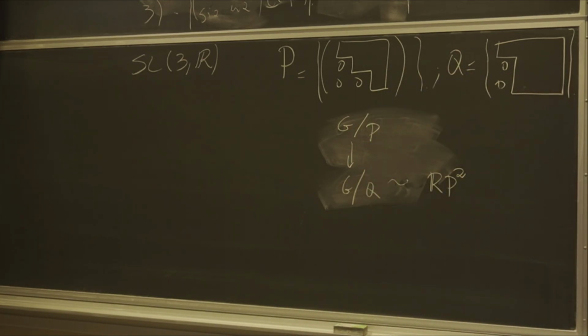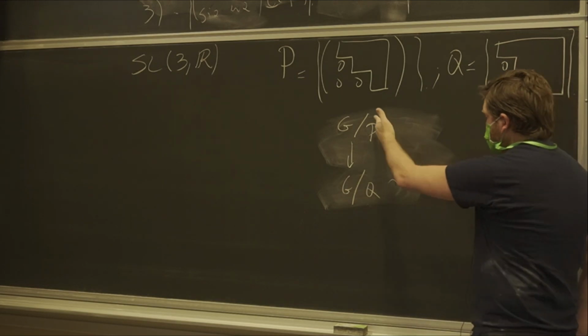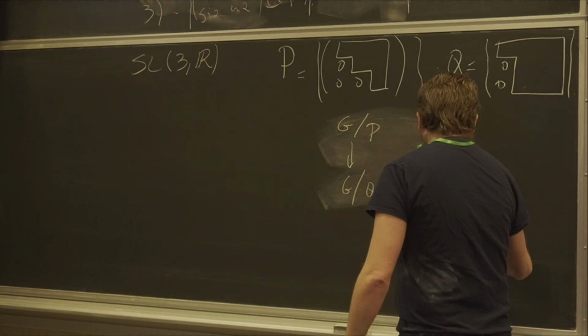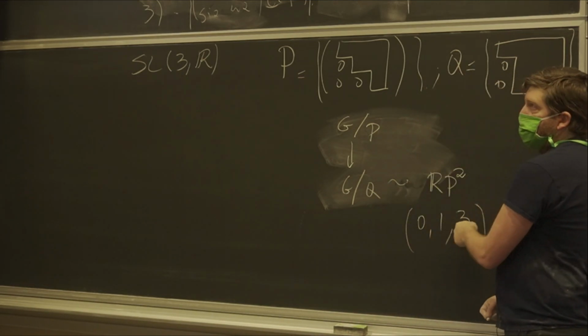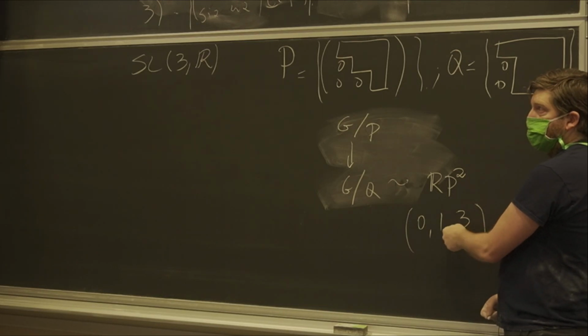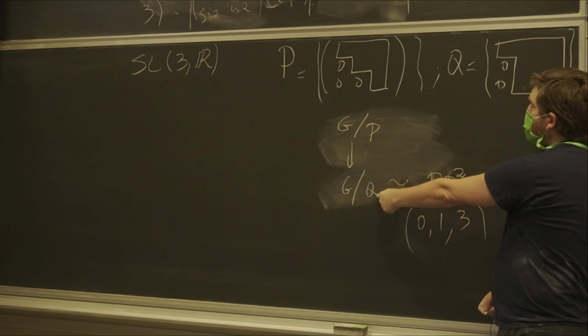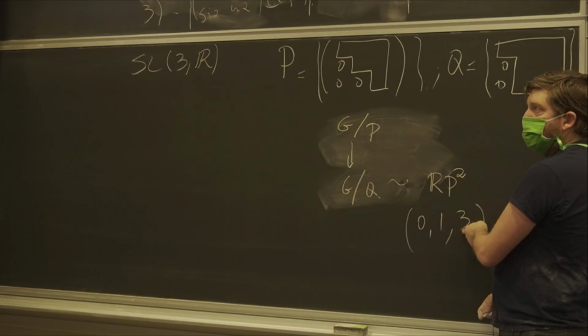which I could, instead of doing what I am doing... It's RP2 because, as I said, it is all lines in R3. Okay, so that's what I do when I do G mod Q, it is the space of all lines in R3.